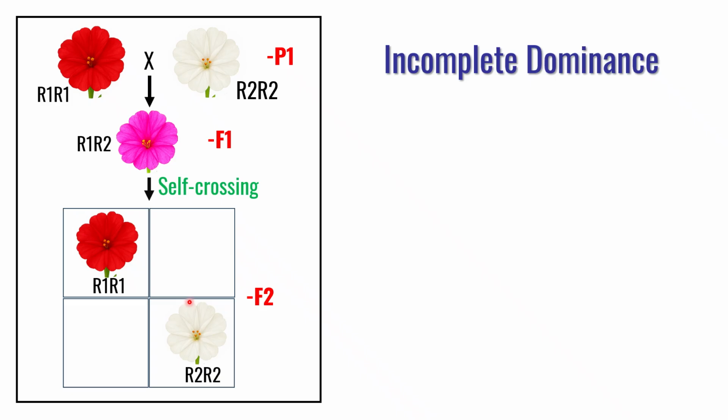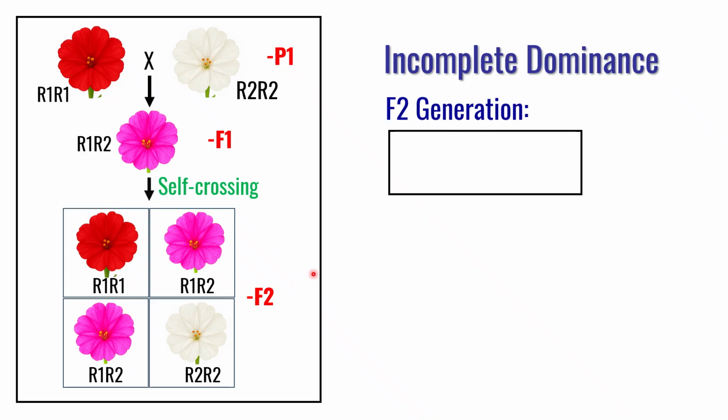And 50% were pink flower with R1 R2. Again R1 R2 is both in capital letters, and the reason for that is that both R1 and R2 alleles are producing an intermediate color.